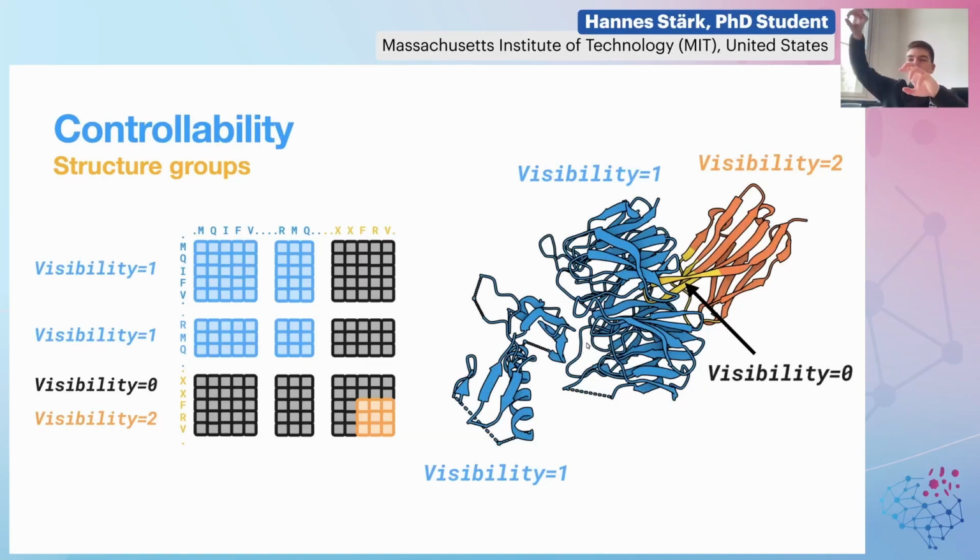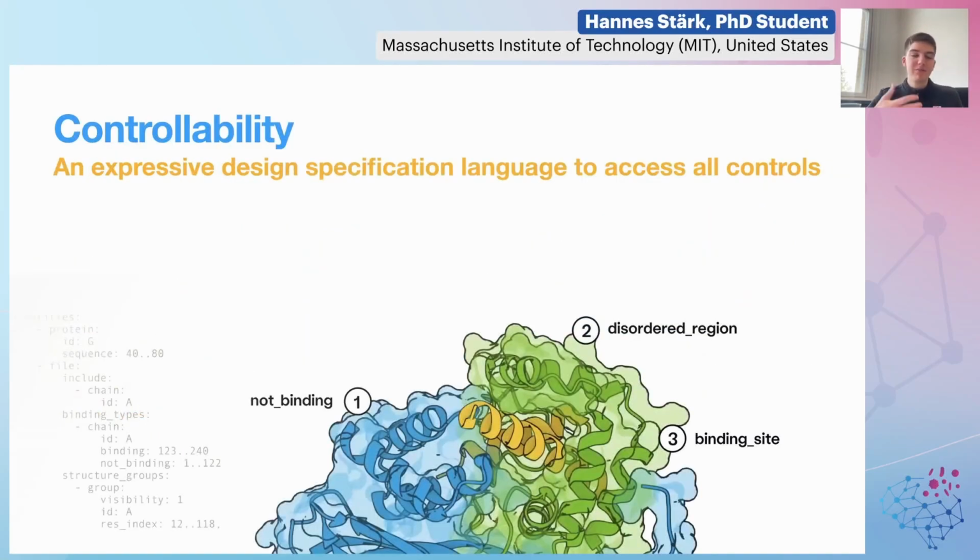Because we want the nanobody to be free to move with respect to the target, but we still want to specify the structure of the scaffold of the nanobody, we have this concept of structure groups, where you can say that everything that's in the same structure group, like structure group 1, sees each other and has its structure with respect to each other specified, but everything that's in a different structure group is free to move with respect to this first structure group. And everything in structure group 0 does not have a structure specified. And this is all put together into a design language in YAML files that you can use.